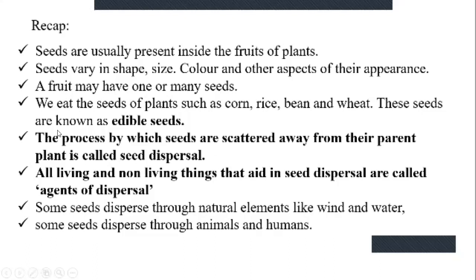These seeds are known as edible seeds. The process by which seeds are scattered away from their parent plant is called seed dispersal. All living and non-living things that aid in seed dispersal are called agents of dispersal. Some seeds disperse through natural elements like wind and water, but some seeds disperse through animals and humans.